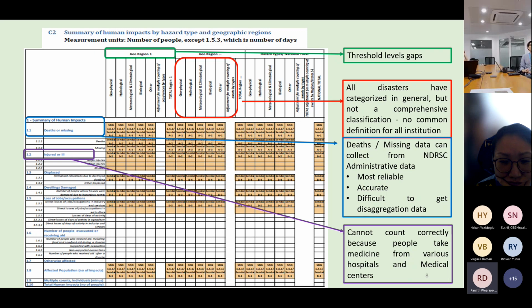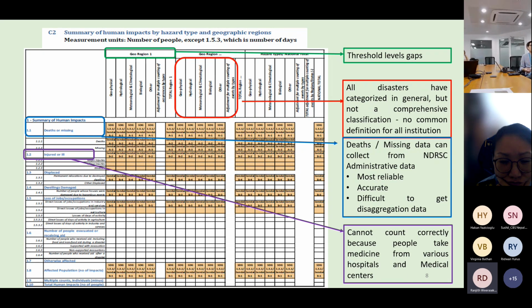So that data is verified by 3 levels, and we think it has 95% accuracy compared to other databases, so we can use this data for filling these columns.